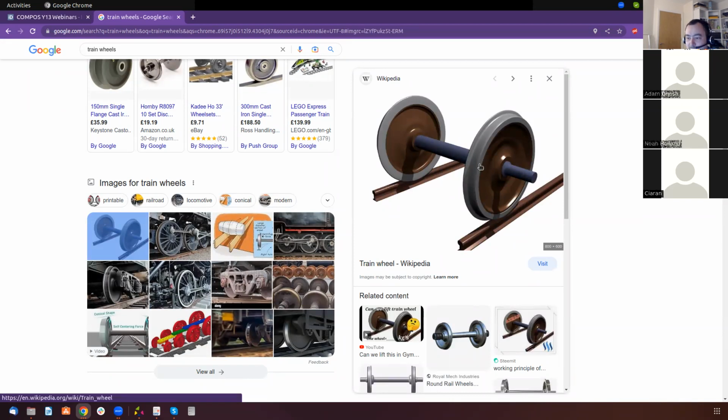There's a tough bar, and yeah. Actually, there's an amazing thing. The train wheel is an amazing thing. The question is, how does it stay on track? Does anyone know? How does the train not fall off the track?